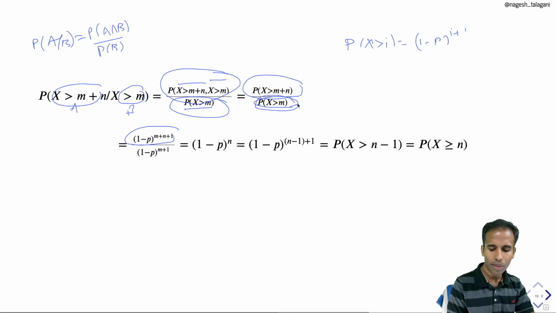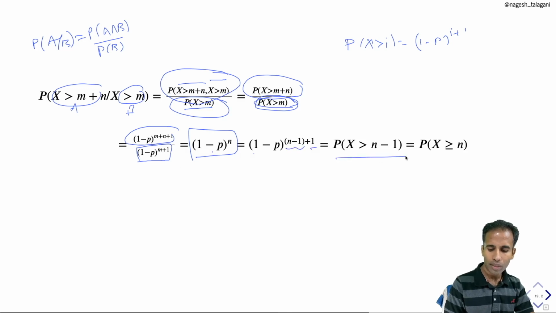The denominator, the probability of x bigger than m, is (1 minus p) to the power of m plus 1. So it simplifies to (1 minus p) to the power of n. So (1 minus p) to the power of n we can realize as (1 minus p) to the power of n minus 1 plus 1.